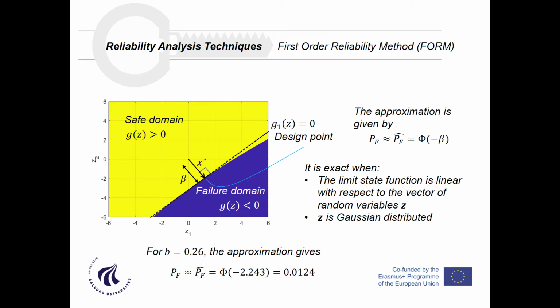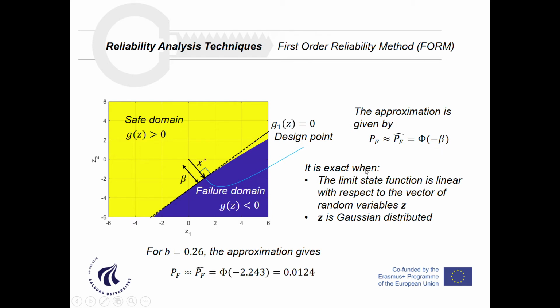So once we calculate the design point, or this distance to the failure domain from the origin, which is the minimal distance, the approximation will be given by this expression shown here, where basically we need to evaluate the cumulative distribution function of the standard normal distribution at minus beta.